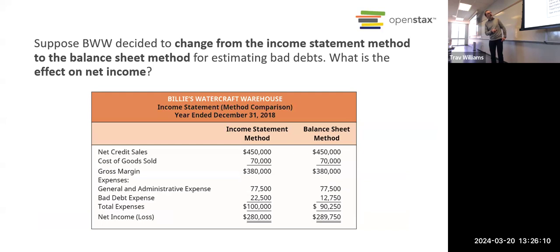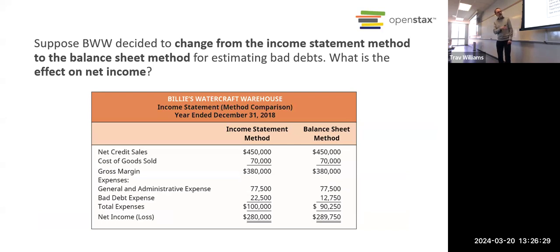If we change from the income statement method to the balance sheet method, what will be the impact? Well, it depends. Because it's based on what is the percentage, what is our net credit sales, what is our accounts receivable.